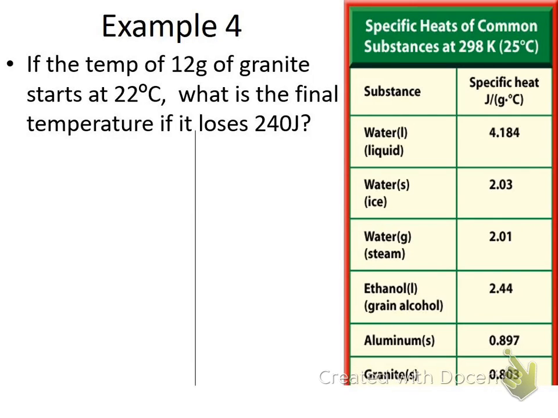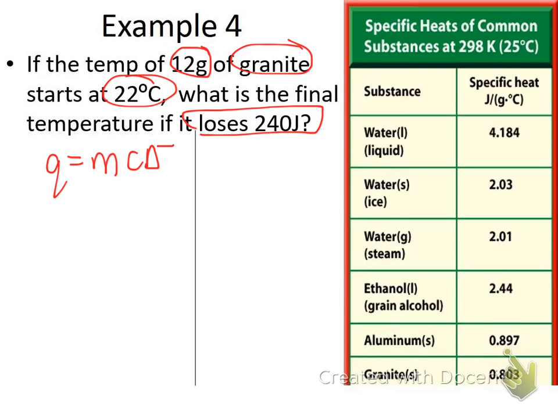Alright, so here we have example 4, and in this case we're told that this item is granite, and that it loses 240 joules of heat. If we set this up into our equation here, we can plug in a Q of negative 240 joules.